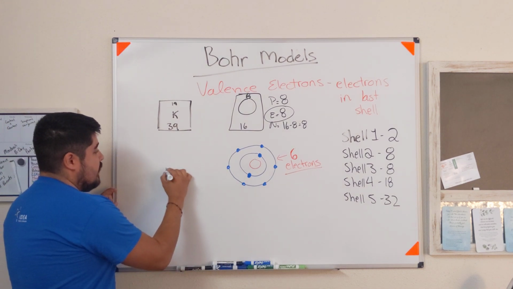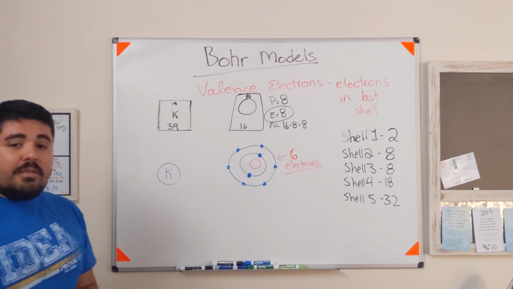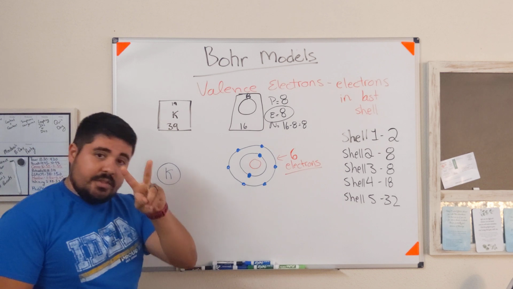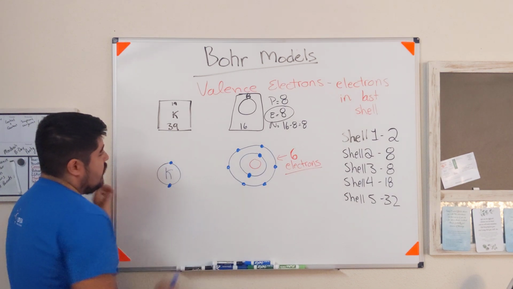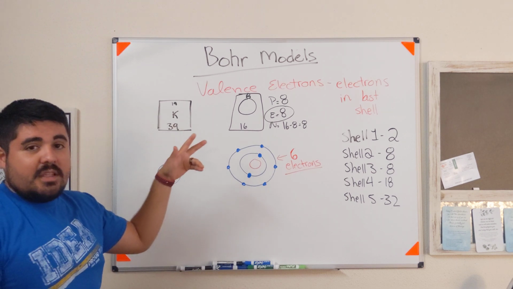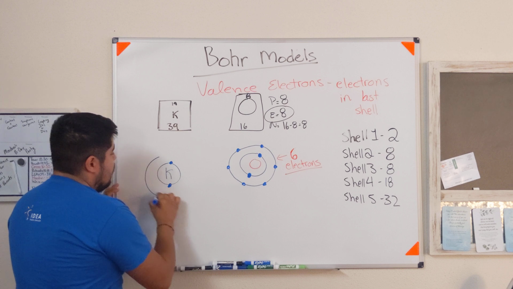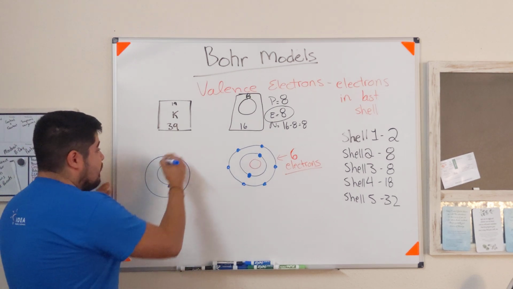So I have potassium here, I have K, so I draw a little circle. The max that goes in my first shell is 2, so I put 1, 2. Now I have 17 left over. So I'm going to do it again. The max that goes in this shell is 8, so I'm going to have to fill this up.